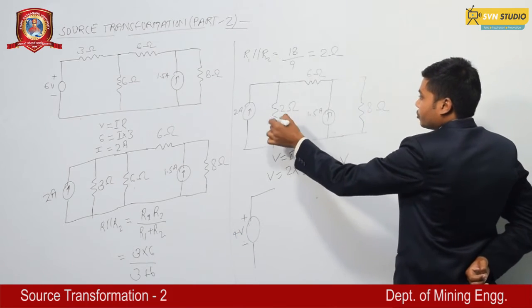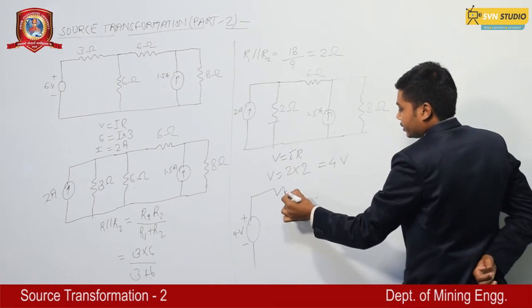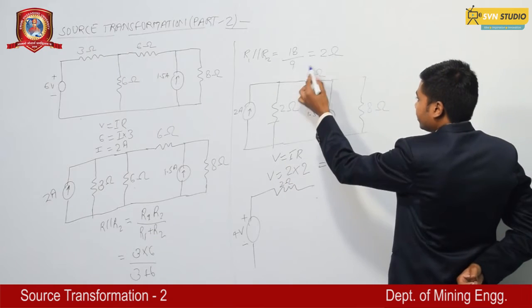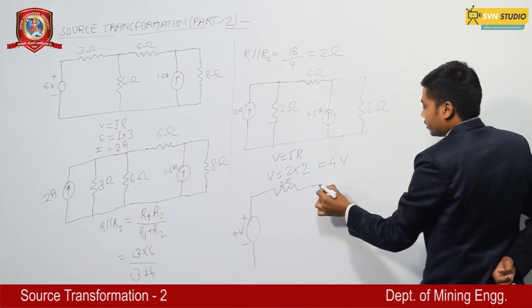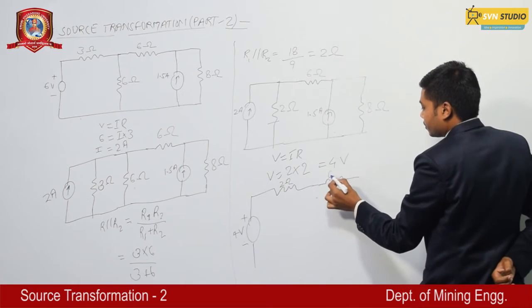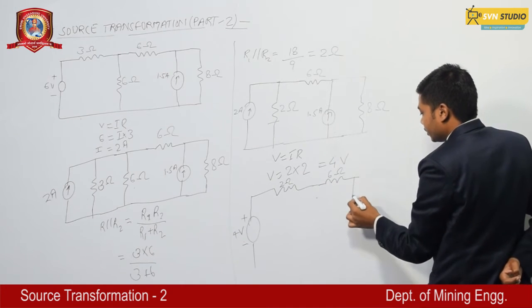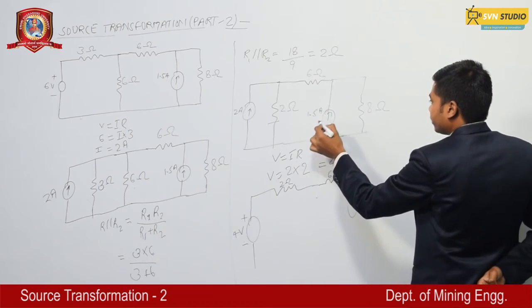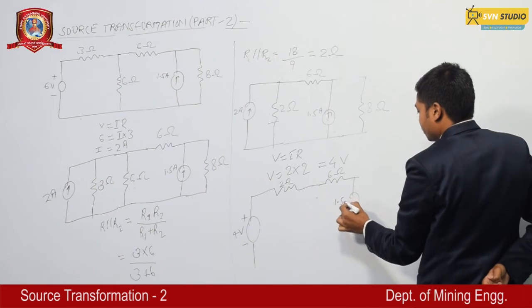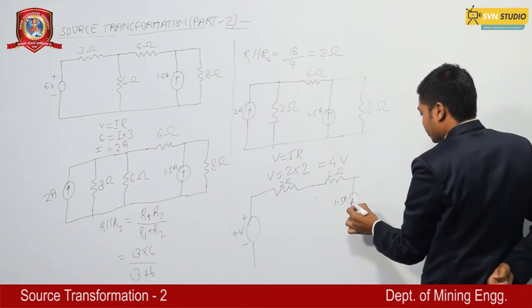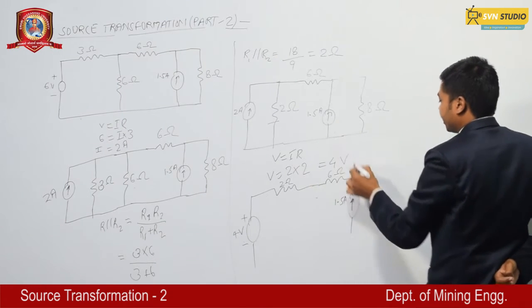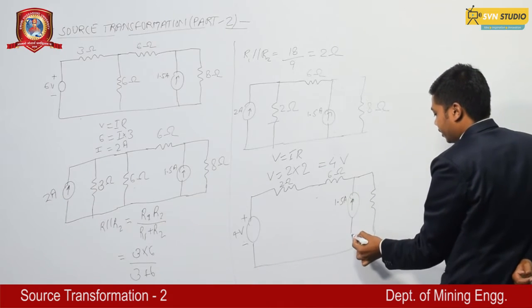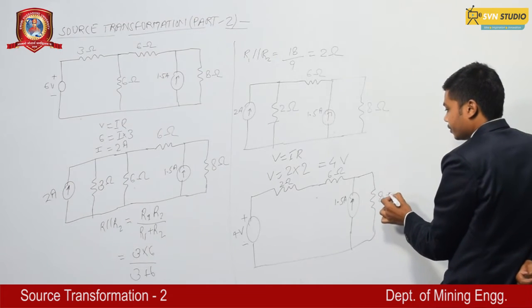Next, this resistance will be connected in series. So, this is 2 ohm and again it is connected with 6 ohm. And the source of current is 1.5 ampere. Direction is upward, and last there is a resistance of 8 ohm.